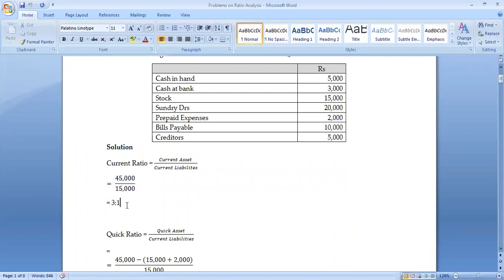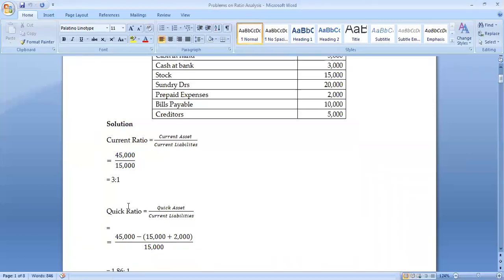If you get 2 is to 1 itself, it indicates that the firm is under soundness. The ideal ratio indicates the financial soundness of a business. Here you got 3 is to 1, which is still better.